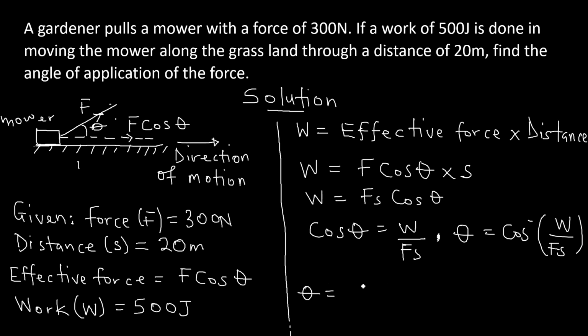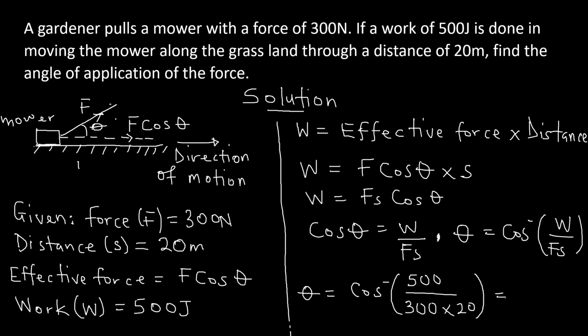So the only thing we need to do now is to substitute the values that we already have. So theta is equal to cos inverse of W. Our W is the work that has been done, which is 500 joules, divided by F, which is the force that has been applied, which is 300 newtons, times our distance, which is 20 meters.